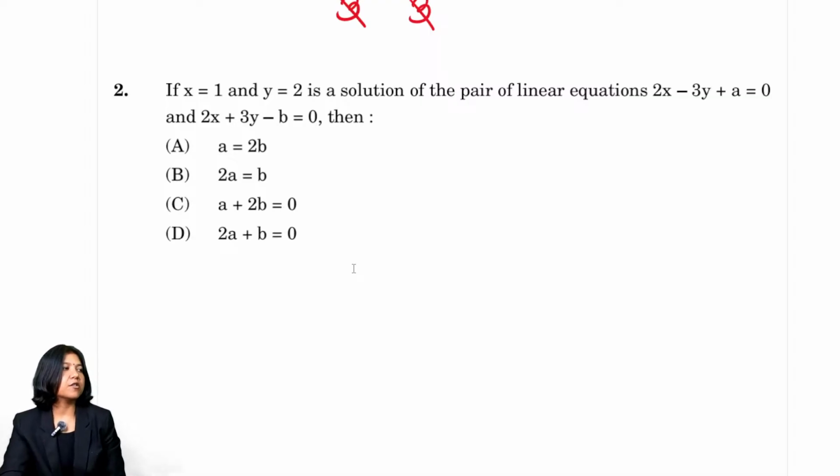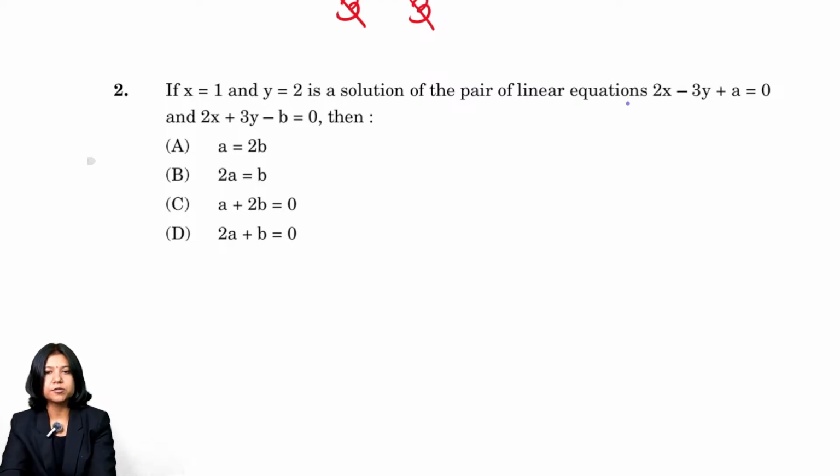If x equals 1 and y equals 2 is a solution of the pair of linear equations. So this is a question from linear equations in two variables, right? And now there are two equations given to you. If there are two equations given to you, then what will you do?